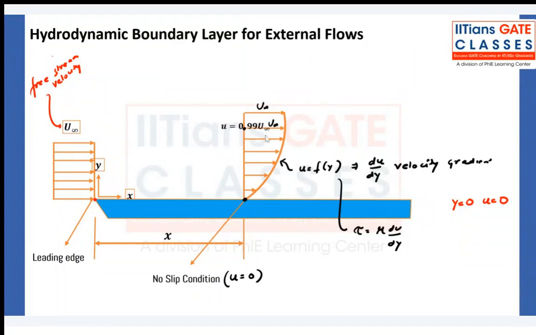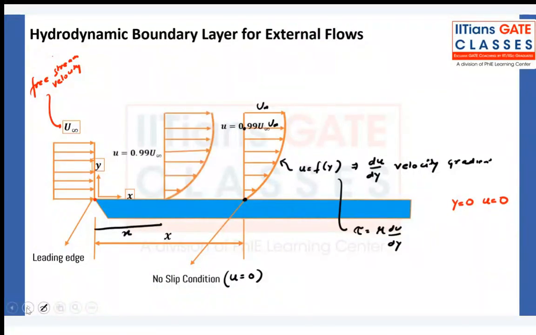Now if I talk about a lesser x, like for example somewhere here, what will happen? You see this profile: the further you go in x direction, the more and more linear this profile is going to be. Very near to x equal to 0, very near to the leading edge, you have more influence of velocity, and that's why it is thicker.